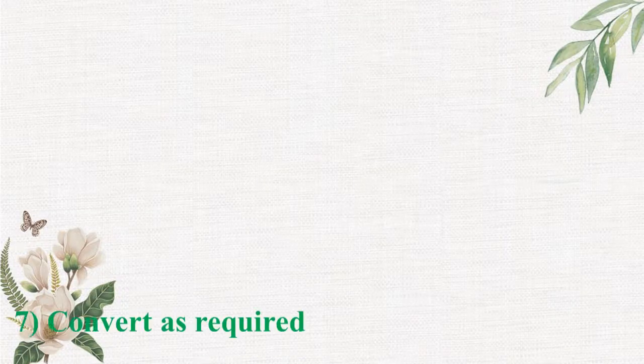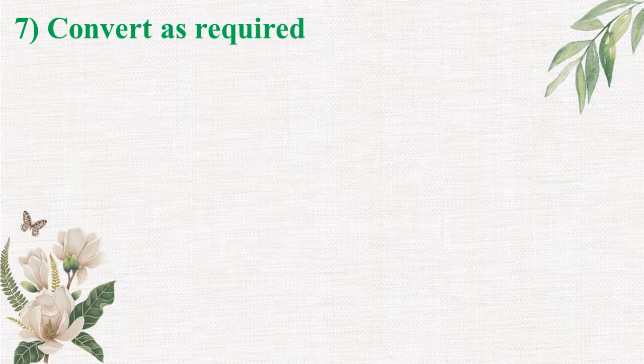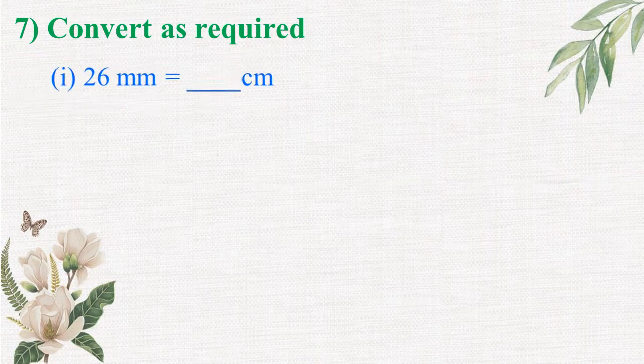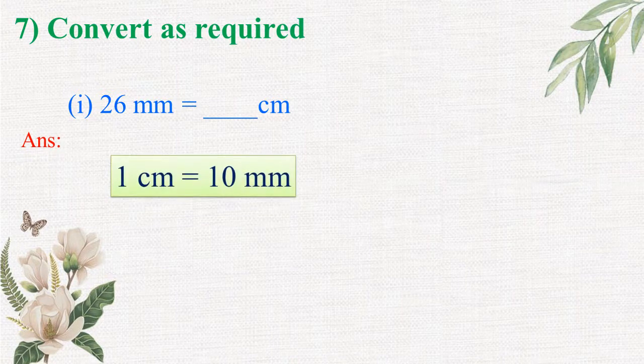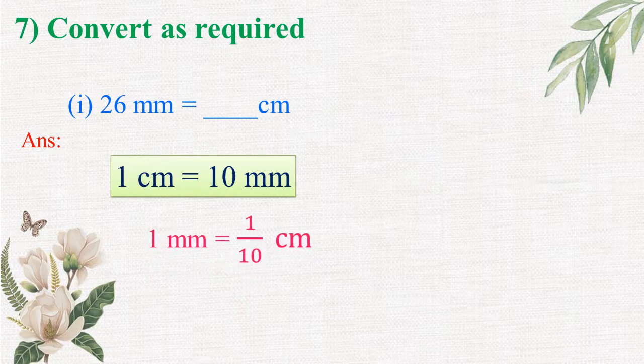Next to the seventh problem, convert as required. First one, 26 millimeter equal to dash centimeter. Here we want to convert millimeter to centimeter. So we know 1 centimeter equal to 10 millimeter. That is 1 millimeter equal to 1 by 10 centimeter.